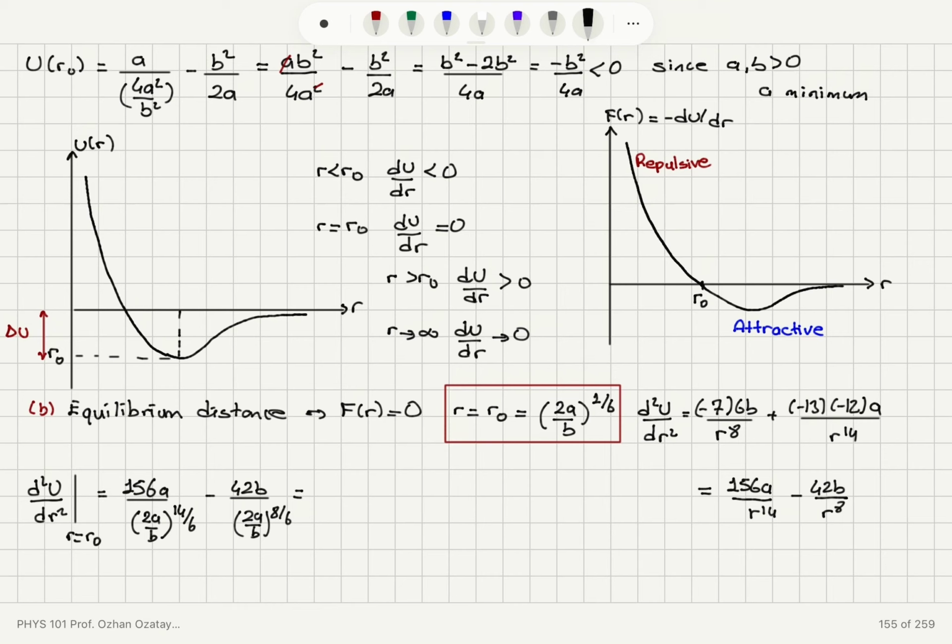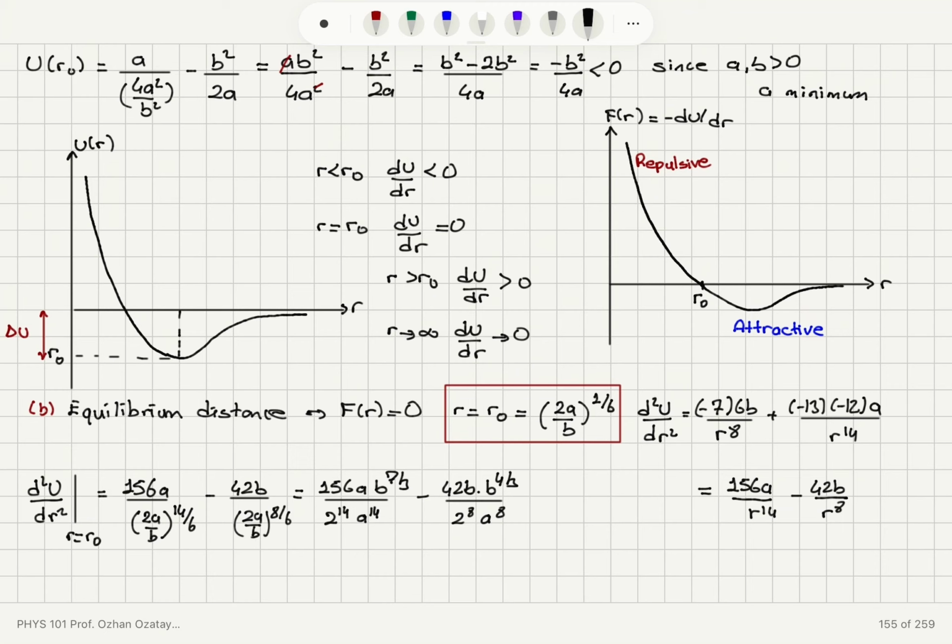So this gives us 156 a b to the power 7 over 3 divided by 2 to the 14 a to the 14, minus 42b b to the power 4 over 3 divided by 2 to the 8 a to the 8.